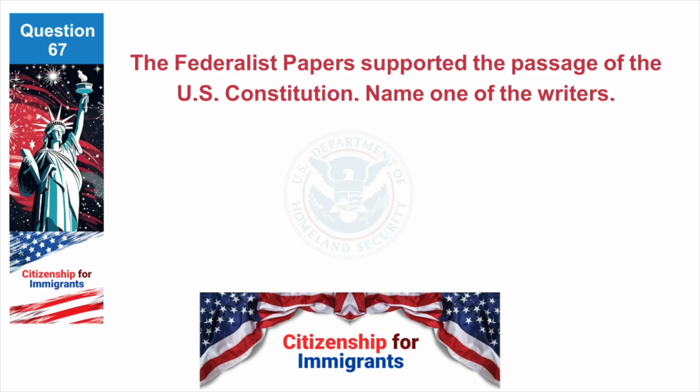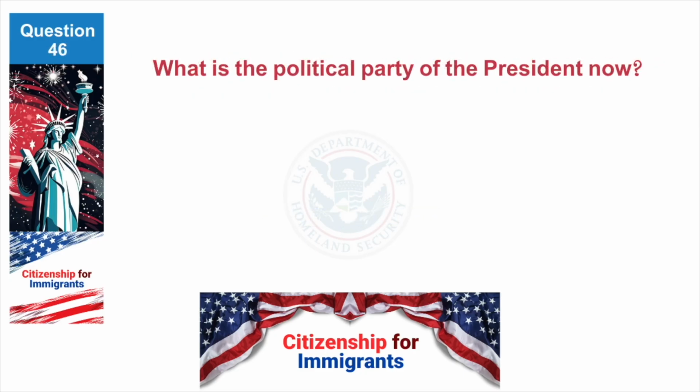The Federalist Papers supported the passage of the U.S. Constitution. Name one of the writers. James Madison. What is the political party of the president now? Republican.